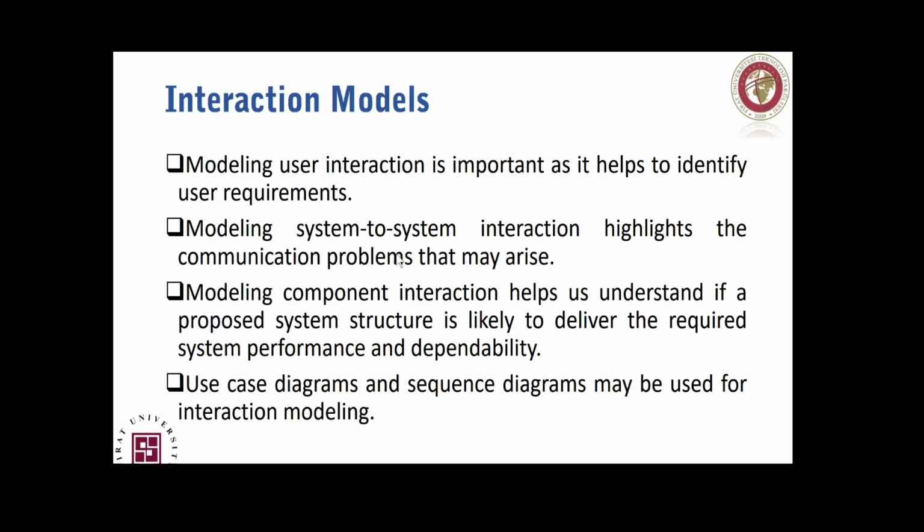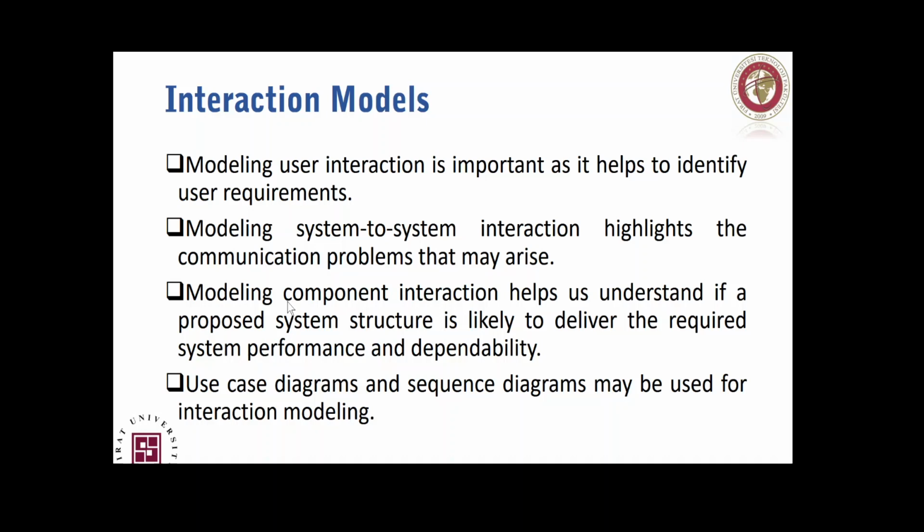And if we are modeling the system-to-system interaction, not the external component or actor, we can check the communication problems. So if we are modeling the system-to-system interaction, then we are addressing communication and how it is done between the components of the system.